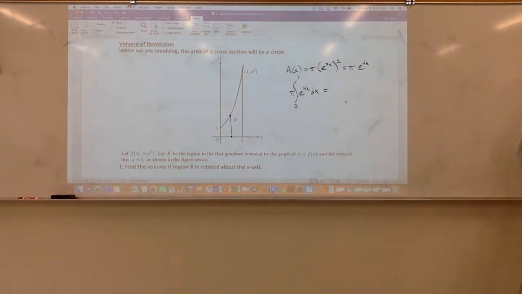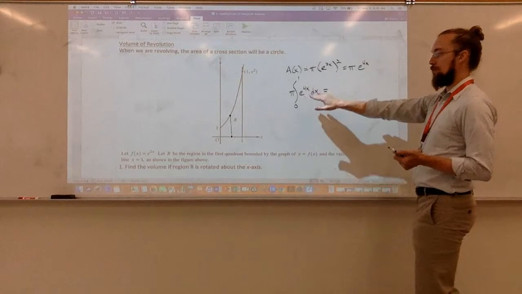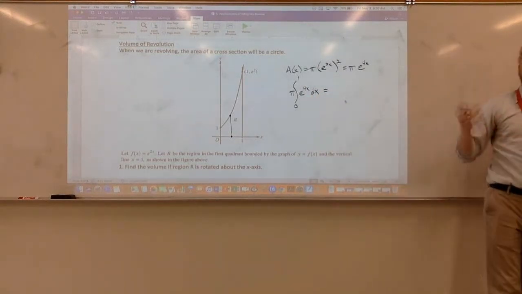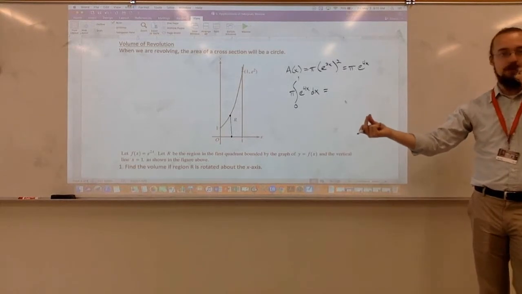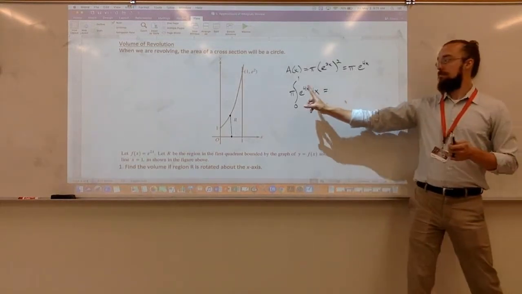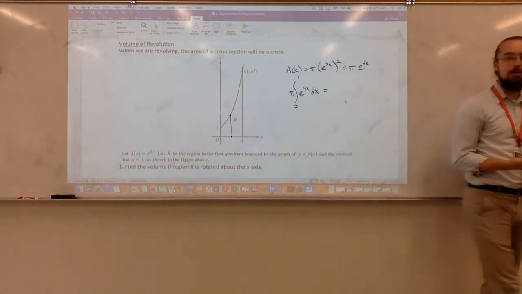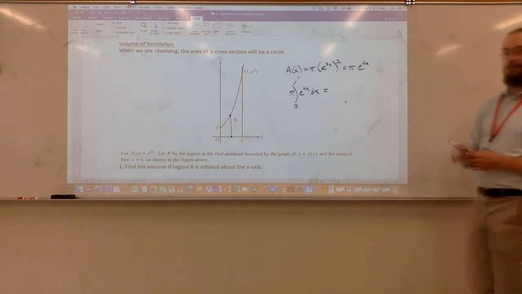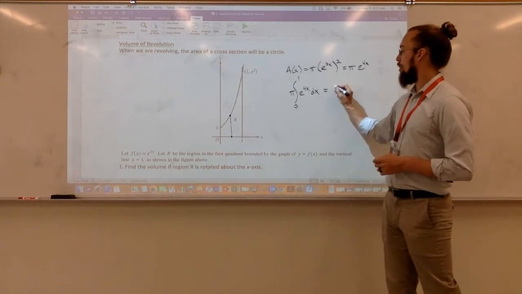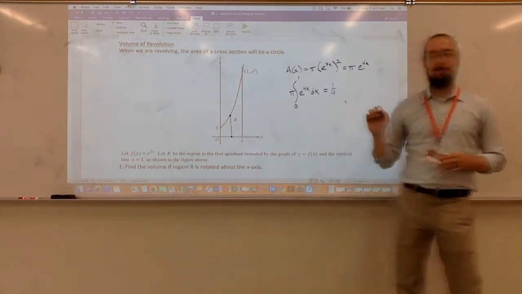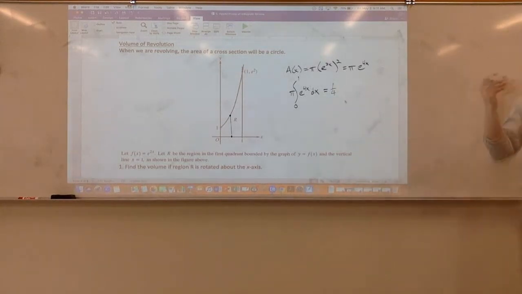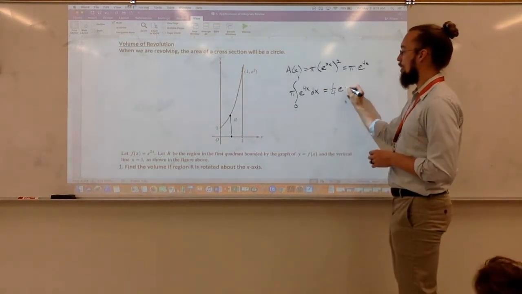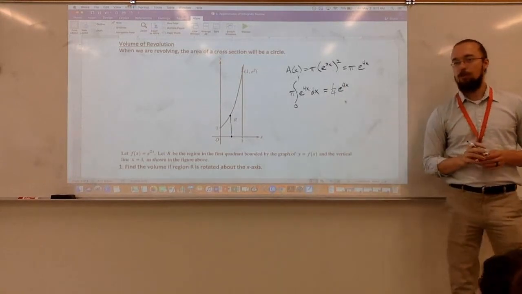So if I think about going backwards, what coefficient would I need out front to make the derivative just be a 1? If I'm taking the derivative, I would have a 4 out front. If I take the antiderivative, I would have a 1/4.